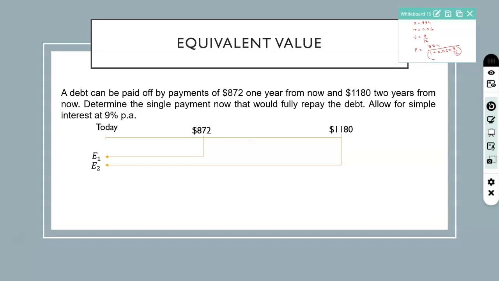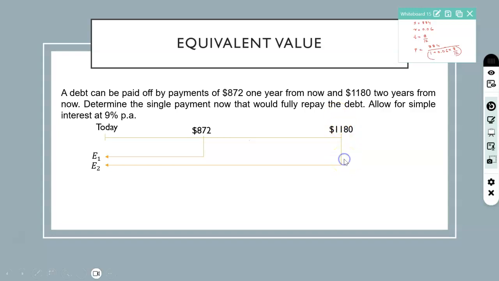So we'll use the formula P equals S over 1 plus RT, where S is your 872 and 1,180, R is the same, that is 9%, and T is 1 year for E1 and 2 years for E2.